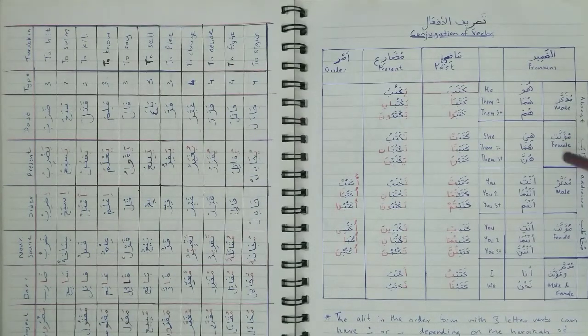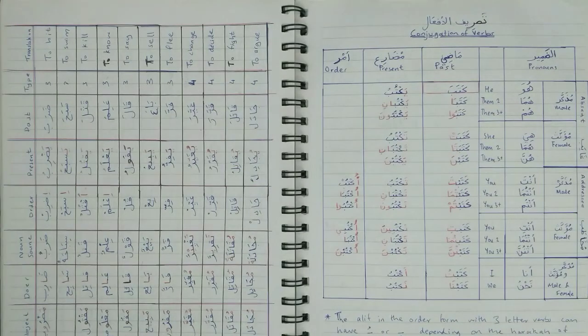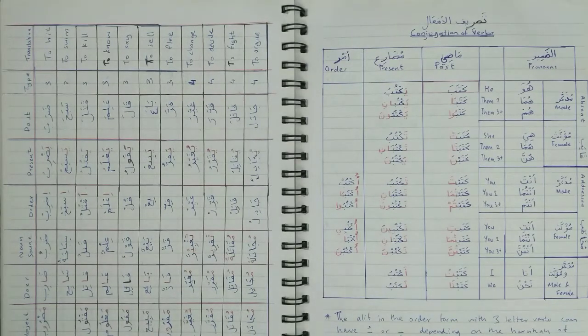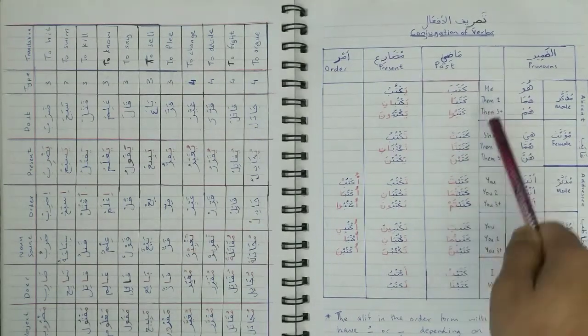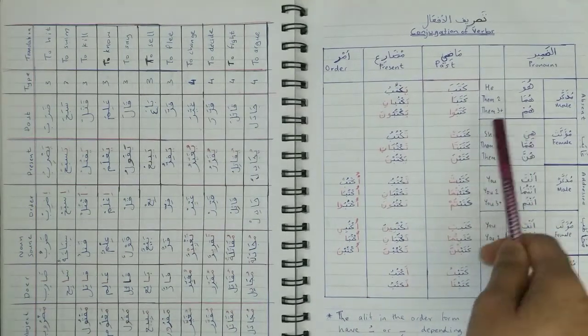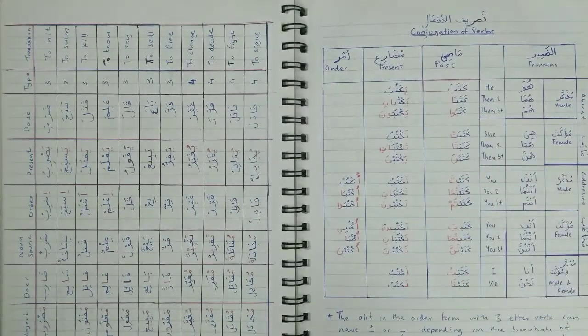So absent is basically when you're referring to someone who isn't in front of you necessarily. So when you're not addressing the person directly, so if you say he, them two, them three, yeah, she, them two girls, them three or more girls, understand?